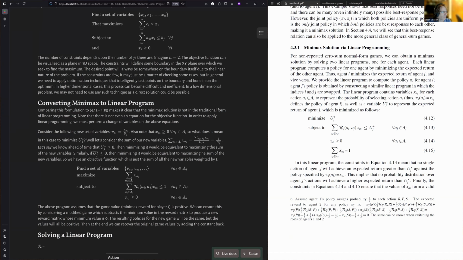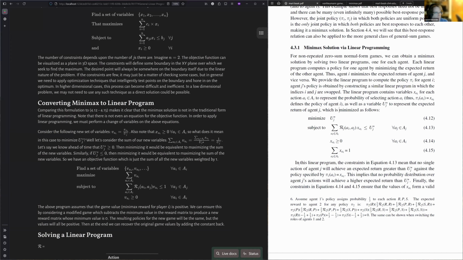well, one thing we can do is we can look at the reward function and we can pick out the minimum value, and we can just define a new game where the rewards are this minus the minimum value. And that way the minimum reward will be 0. All the other rewards will be positive. And it won't actually change the policy for each player, right?